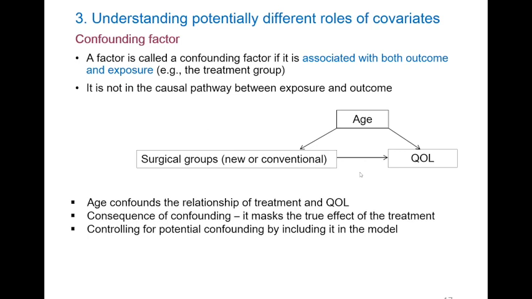Now, it happens that the new treatment group contains more younger people compared to the conventional group. So the age is younger in the new treatment surgery compared to conventional surgery. And it's clear that younger people have a better quality of life.